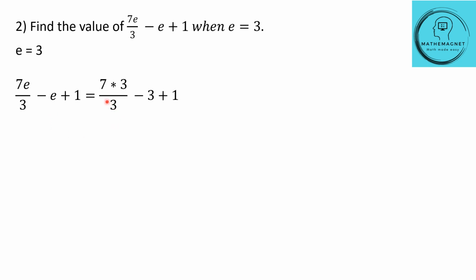So it becomes 7 into 3 by 3 minus 3 plus 1. Now to simplify this fraction, you can cancel out the numerator and denominator 3. So it becomes 7 into 1 minus 3 plus 1, which is 7 minus 3 plus 1, which is equal to 5. So the answer is 5 when you substitute the value e as 3 in the equation given in the question.